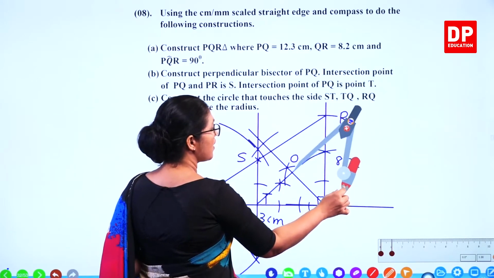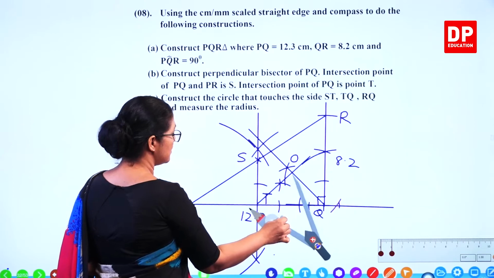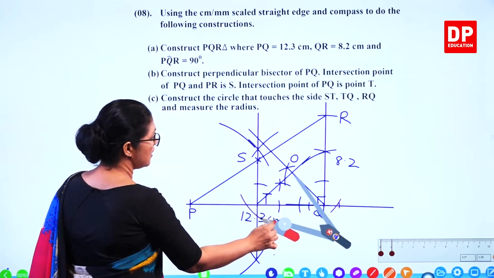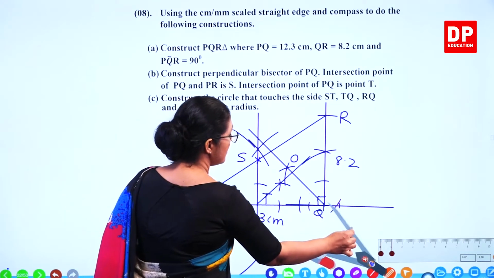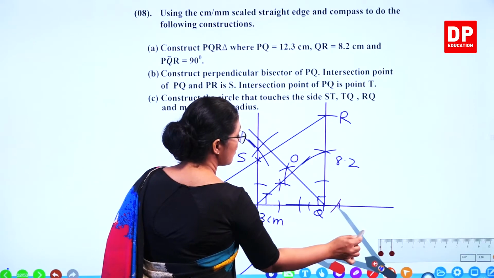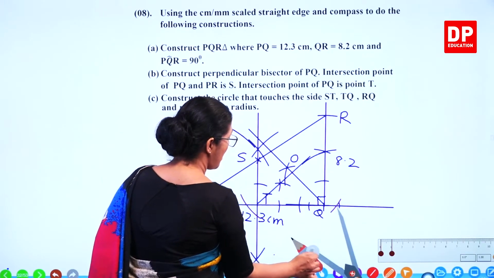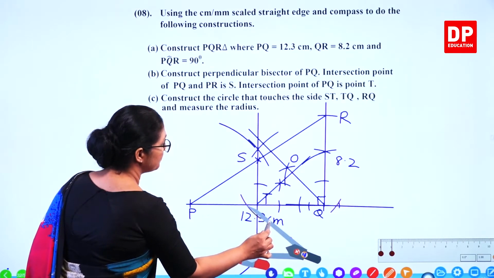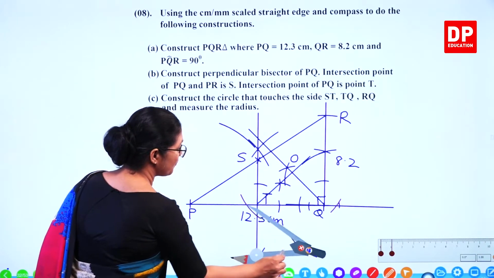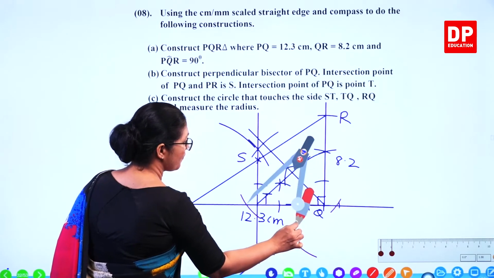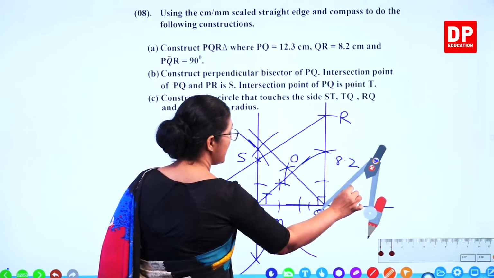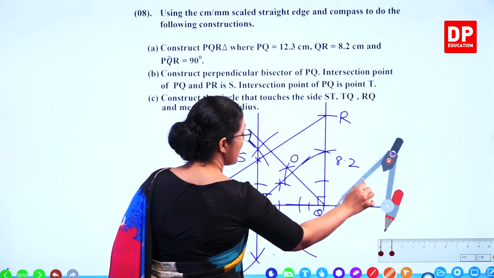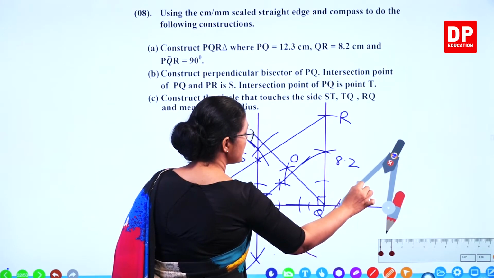We can draw an arc here, and now I can take the compass and draw the other arc to get the intersecting point. So I have to do it again here just to get the intersecting point.